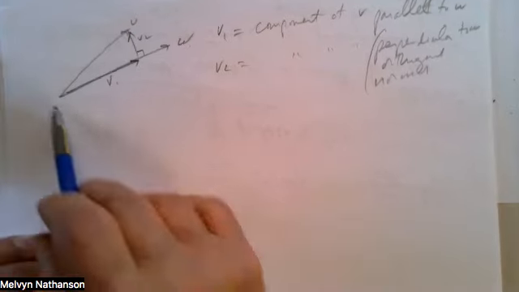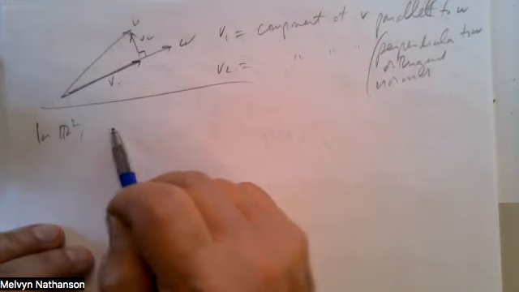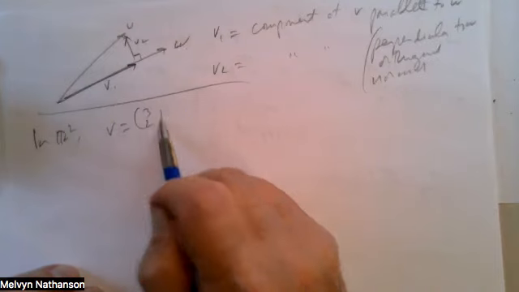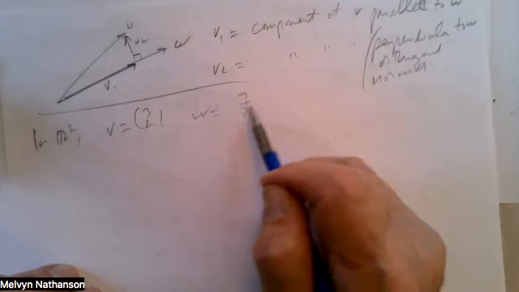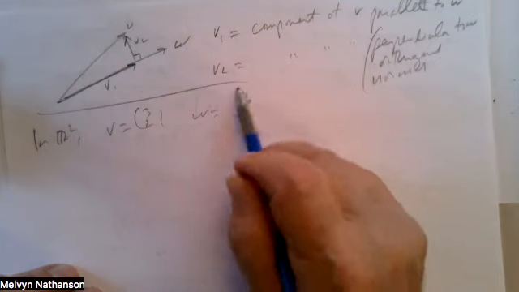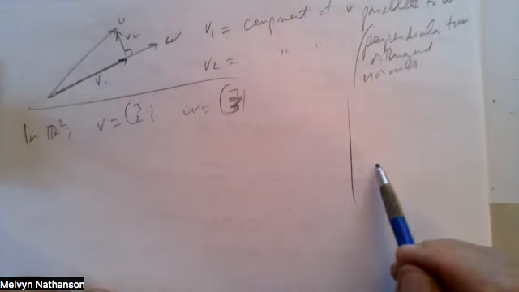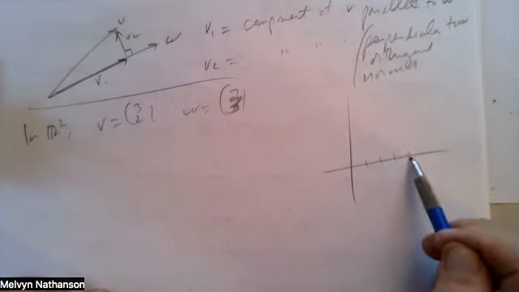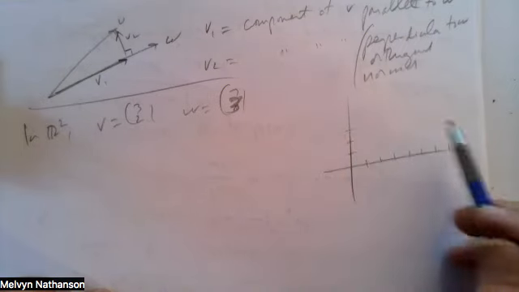Let's look at an example. Suppose I'm in R2 and I take V to be the vector (3, 2), and W to be the vector (7, 3). Let's see what that looks like. 1, 2, 3, 4, 5, 6, 7. 1, 2, 3.